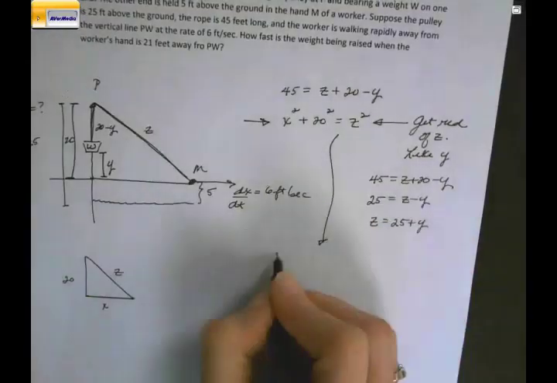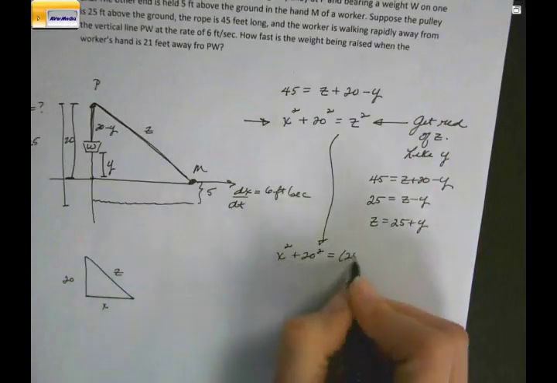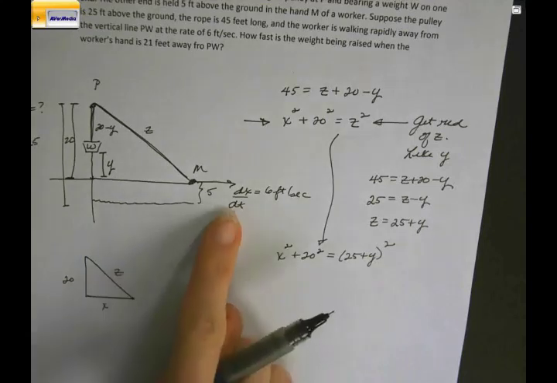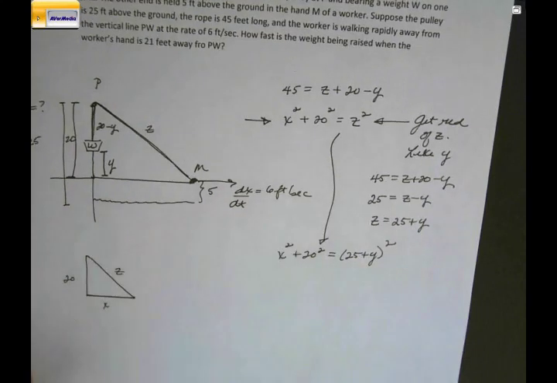So this equation becomes x squared plus 20 squared equaling (25 plus y) squared, and finally we have an equation in x and y. And that's what we want, because we're talking about dx/dt and dy/dt. We know nothing about z or dz/dt, so we need to get rid of the z.